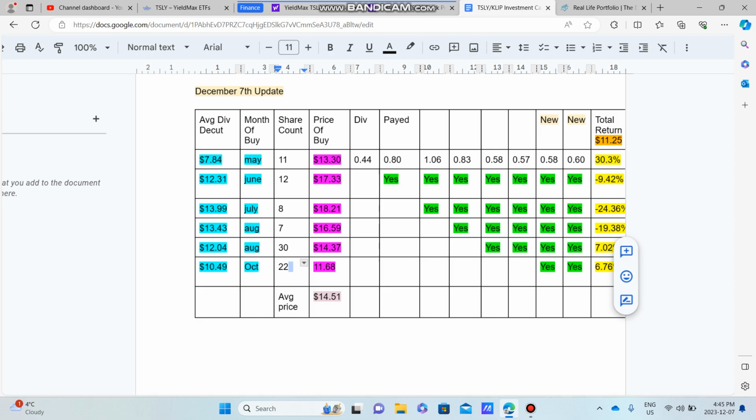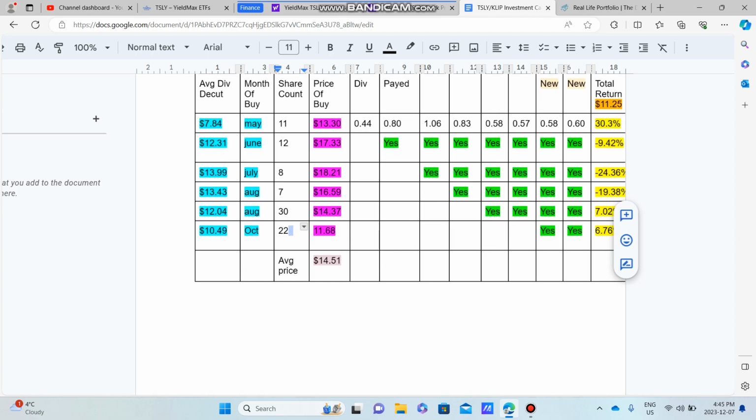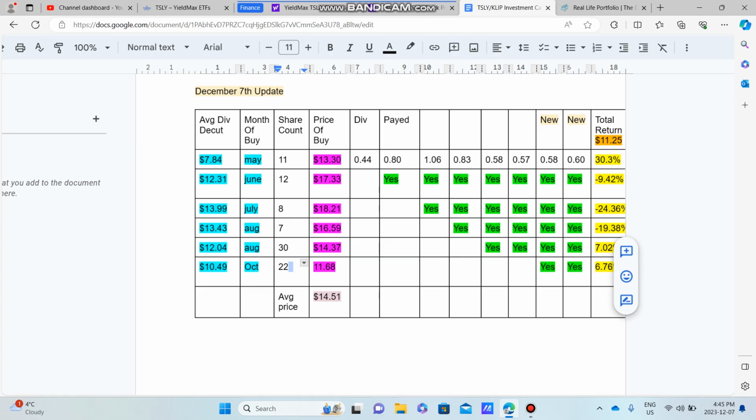Looking at that alone, I actually have a return on my investment of about 6.76%. On my most recent buy, that's fairly good, but for the rest, they have been going downhill.